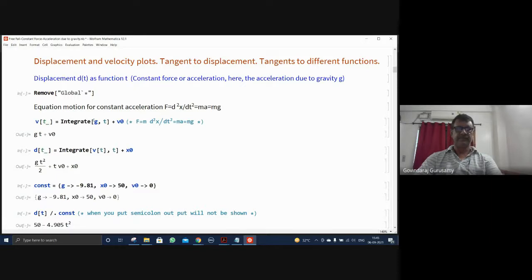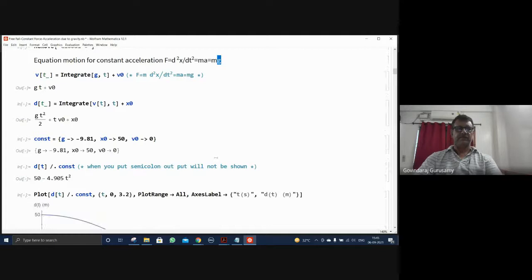By just performing the integration, which means my force is constant. For a given mass, a uniform constant force is acting on the object. That is nothing but your gravitational constant in this case. So if I take 50 meters height and release it, it comes down due to the acceleration of gravity. This acceleration is a vector quantity, pointing down, so we take it as a minus sign. Then x0 is 50 and v0 is 0.